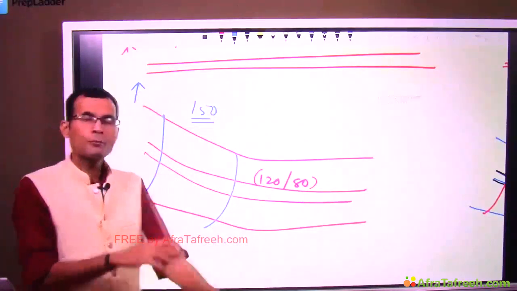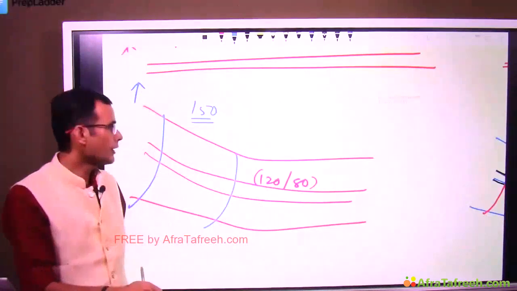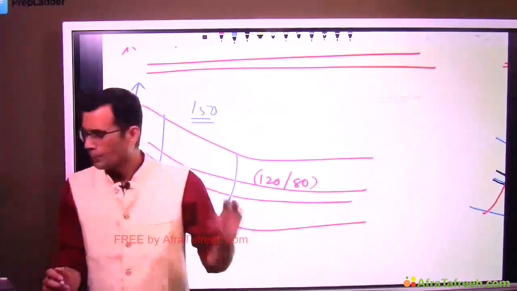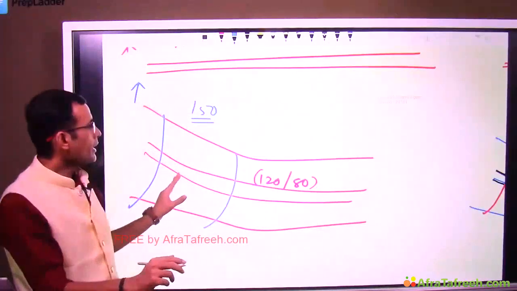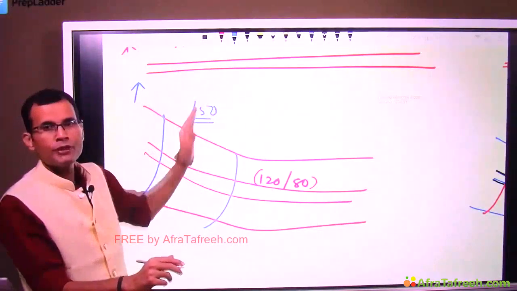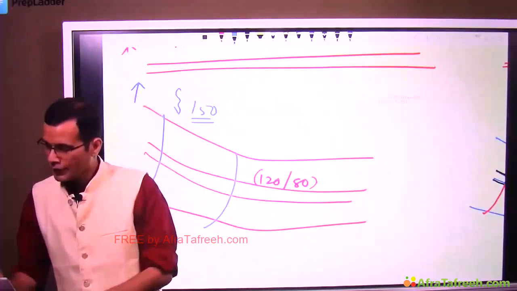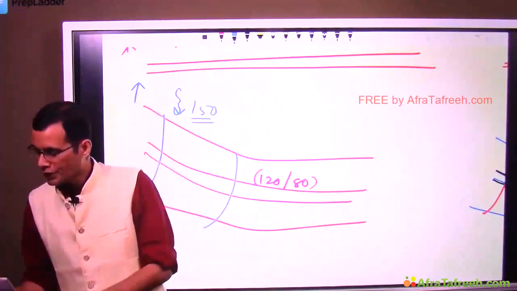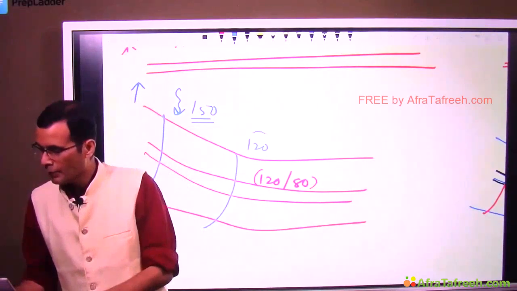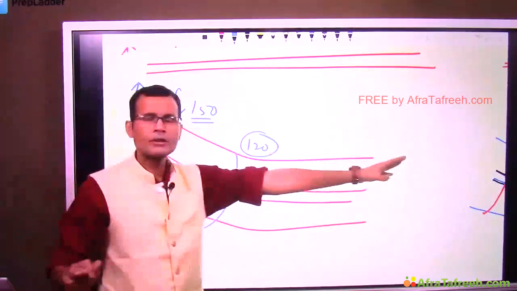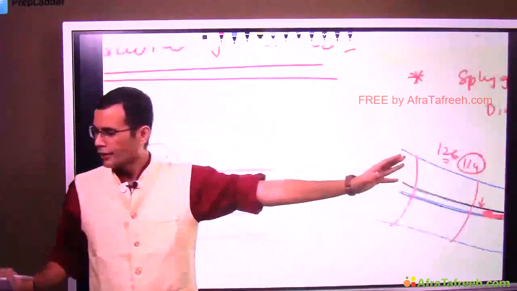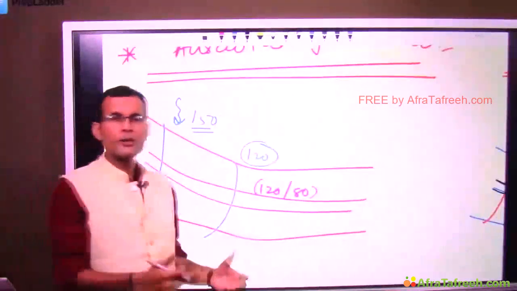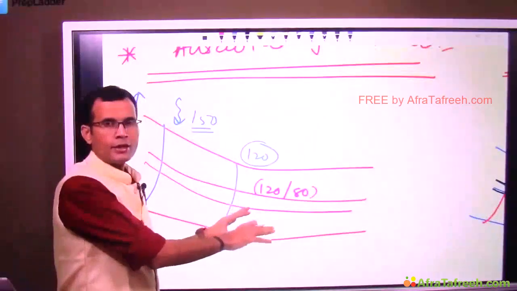So if you put the stethoscope right now over the brachial artery, we will not hear any sounds. It's a laminar flow. But then you apply the cuff, raise the pressure up to 150 mm of Hg and start lowering it. What will happen? The moment cuff pressure reaches 120 mm of Hg, please keep that aside, I'm just trying to explain the auscultatory method.